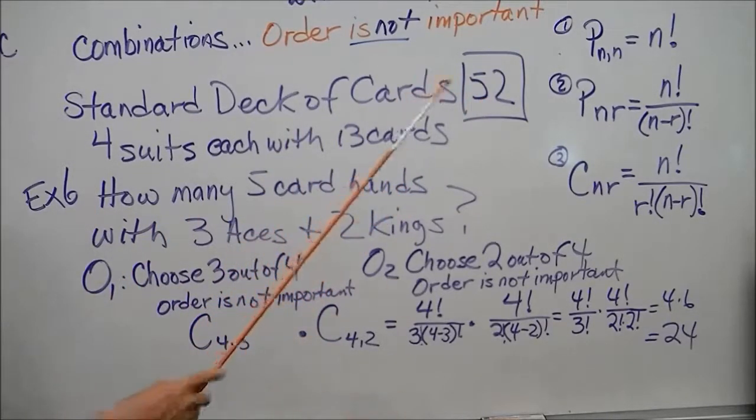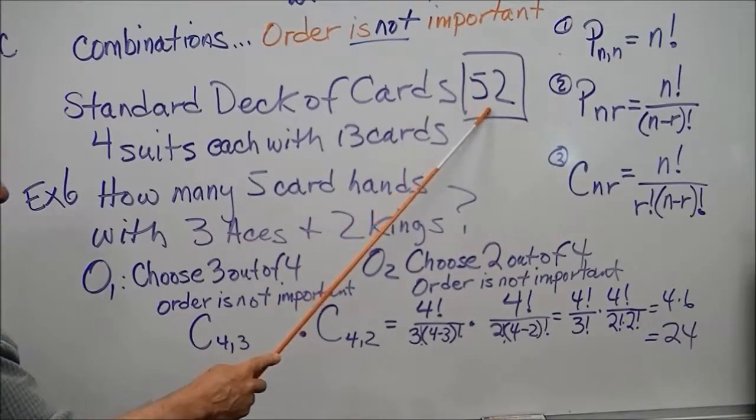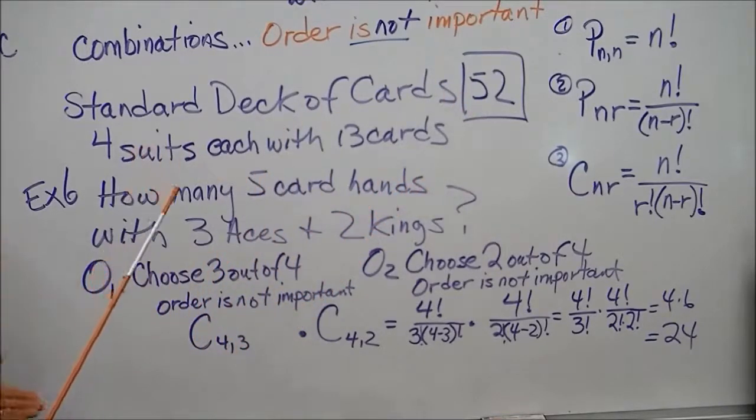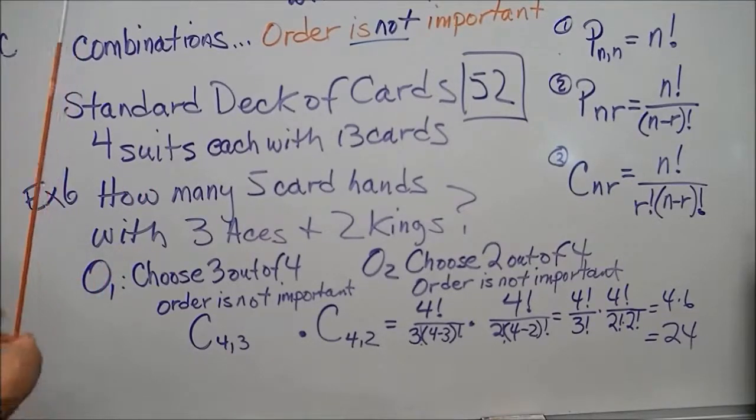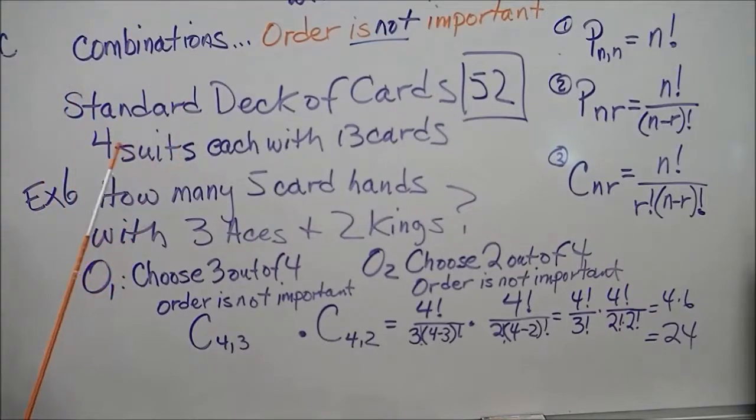If they want you to use a whole deck of 52, they'll say in the quiz me or practice, or a well shuffled, where they've mixed the cards up. But here you're just picking out of 4 aces and 4 kings, 3 aces and 2 kings. And order is not important.